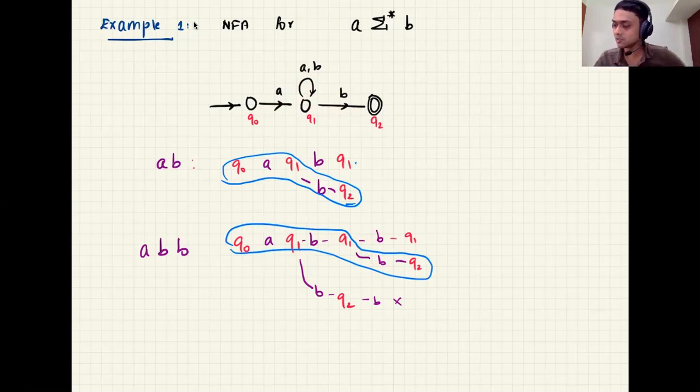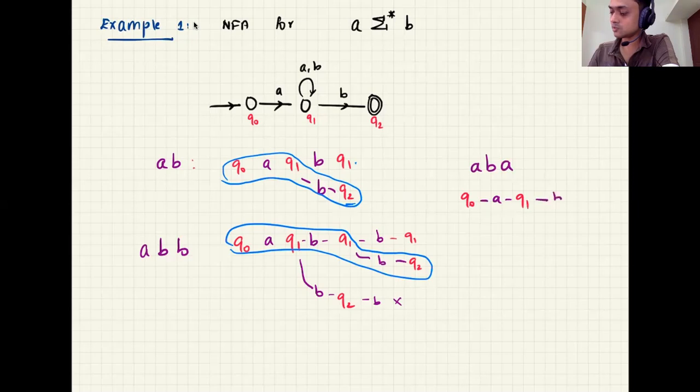Okay, let's see one example where you will not accept. So let's say ABA. Now, why will it not accept? Maybe I can draw it from top to bottom. So Q0, A, Q1. On a B, what do we do?